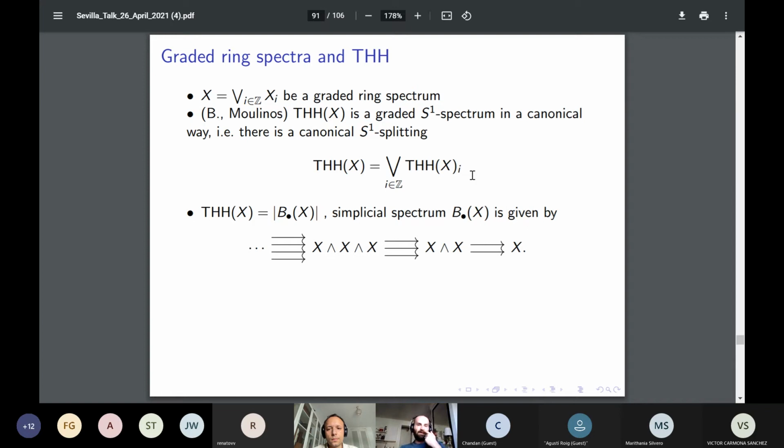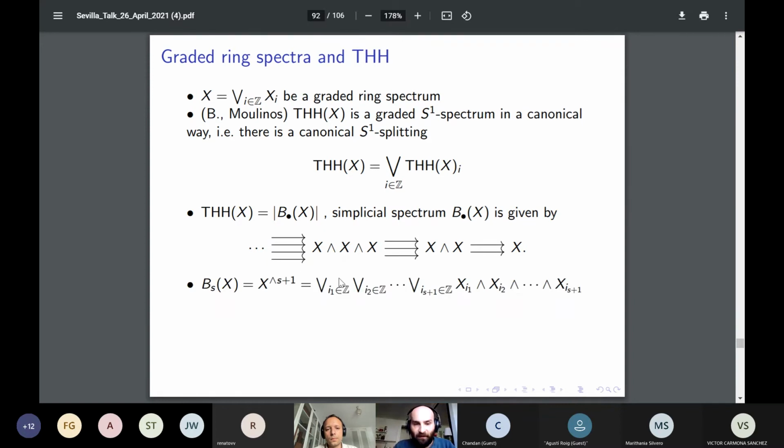And how does this splitting occur? We have this simplicial spectrum whose realization is THH, right? And X splits in this way into a ring spectrum.